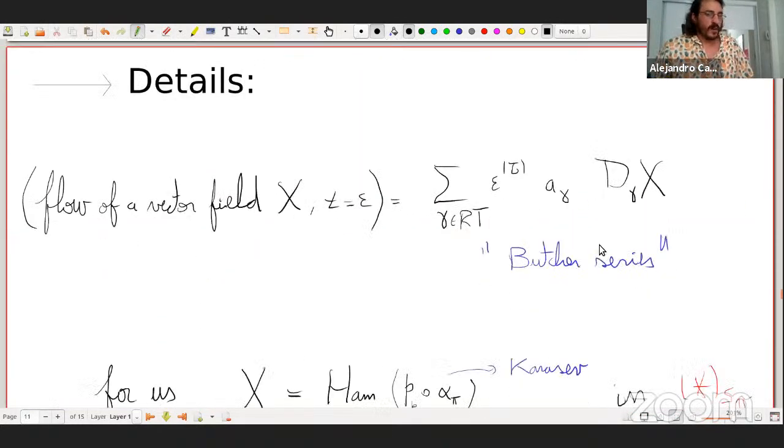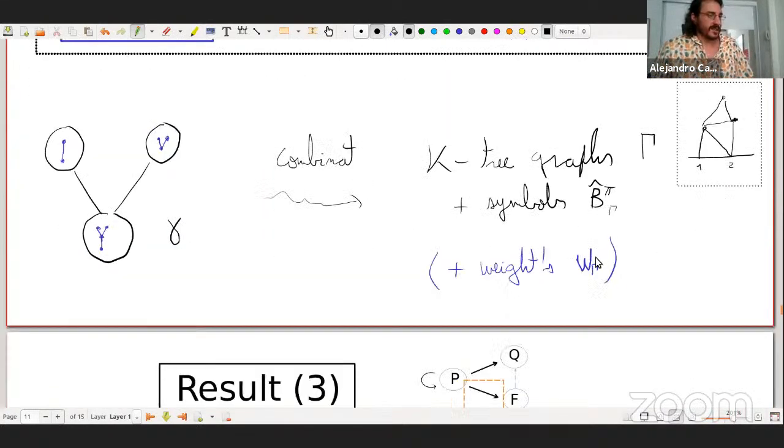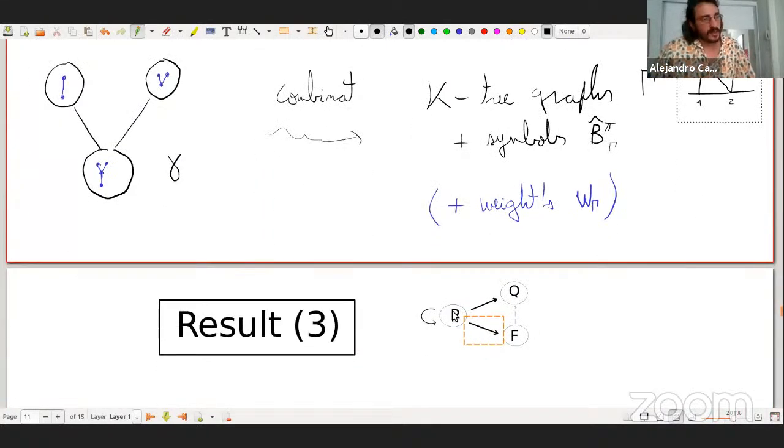So now the final result in the map is connecting these Poisson geometric constructions to the field theory perspective. And now we will switch gears. Instead of thinking of formal power series and graphs and so on, we will be thinking of maps, which are fields in that context.